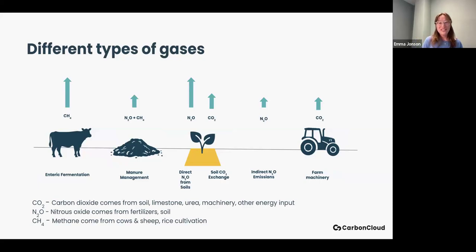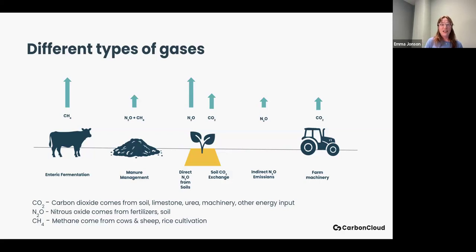This figure represents the main components of emissions from land management. So we have the enteric fermentation that I already mentioned, the methane that is produced from the digestive tracts of ruminants, and the manure management, which emits both nitrous oxide and methane.